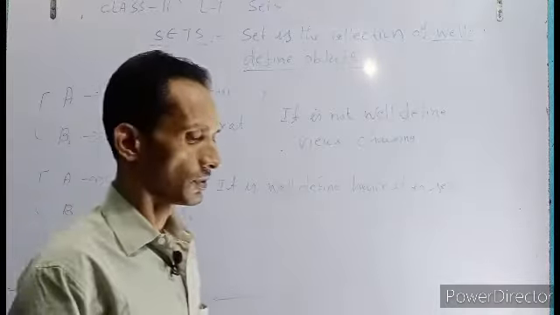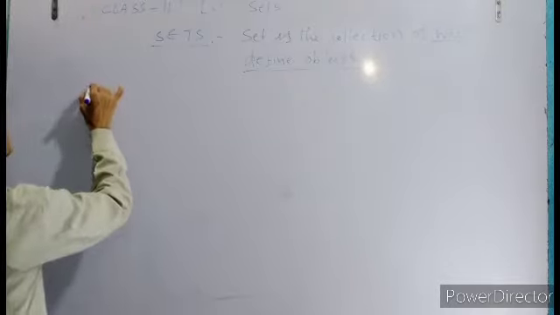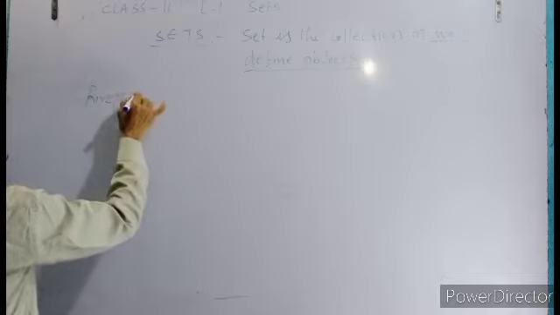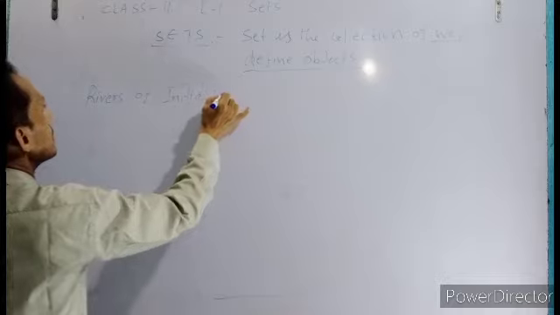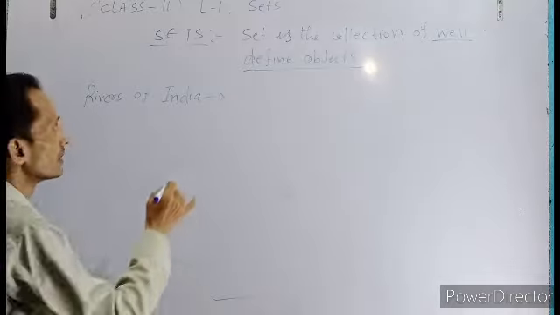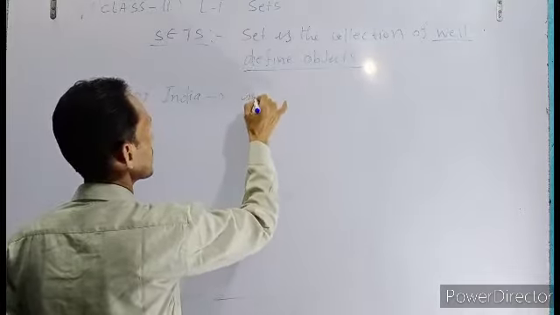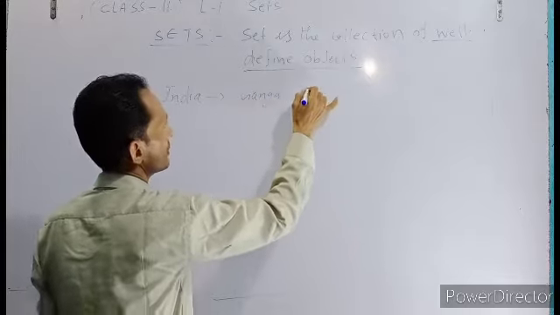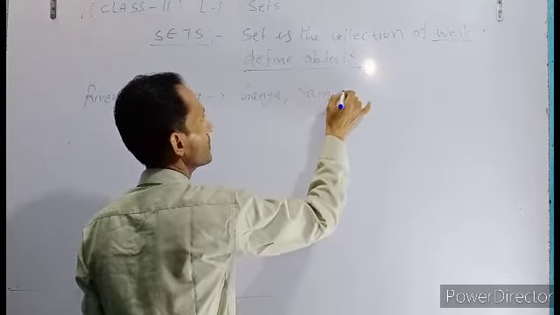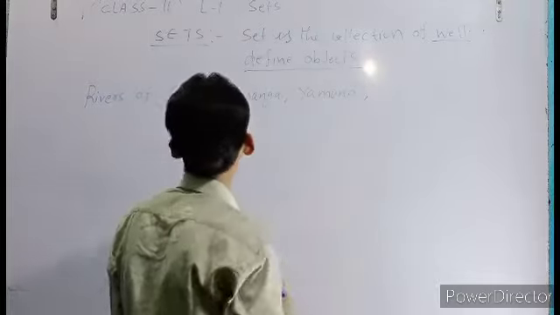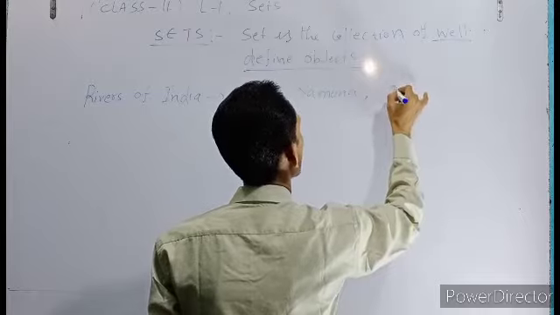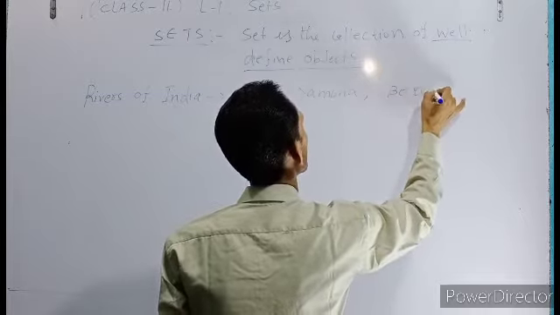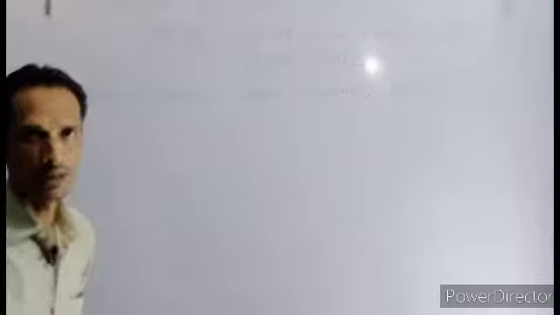Now we come to some rivers of India. Suppose you tell me rivers of India, like Ganga, Yamuna and Betwa. You can say these are rivers.